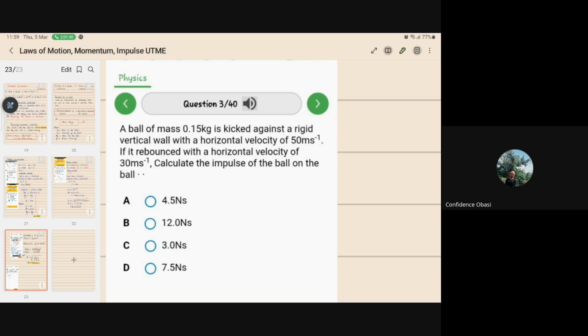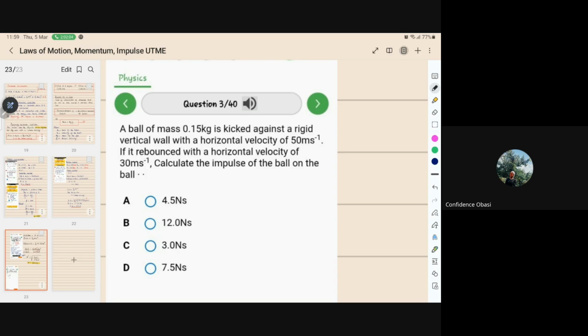So a ball of mass 0.15 kg is kicked against a rigid vertical wall with a horizontal velocity of 50 meters per second. If it rebounds with a horizontal velocity of 30 meters per second, calculate the impulse of the ball on the wall. Now, you know the wall is not moving. That's one thing you have to know.